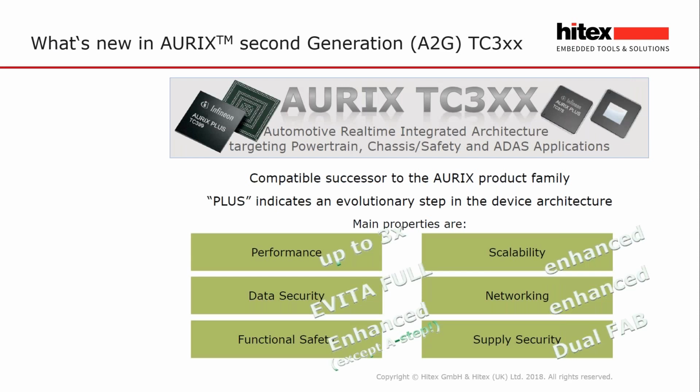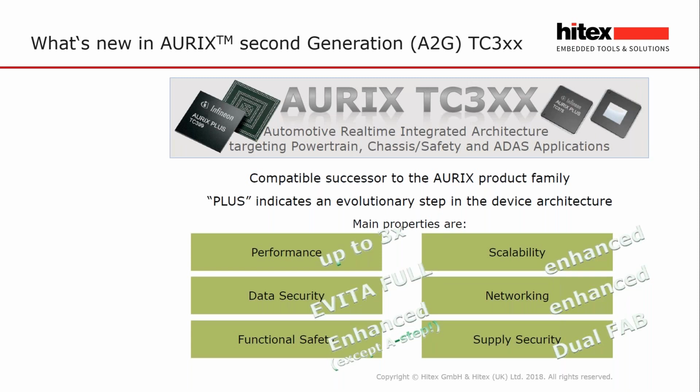What's new in the AURIX second generation? The AURIX second generation has a lot of improvements in terms of performance, scalability, data security, networking, and supply security. And today we will cover the functional safety enhancement of the AURIX second generation.